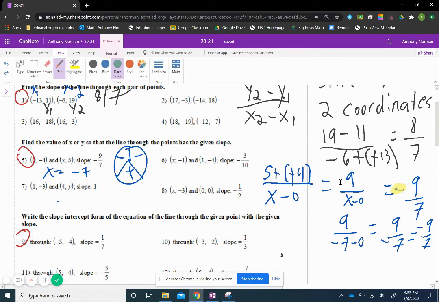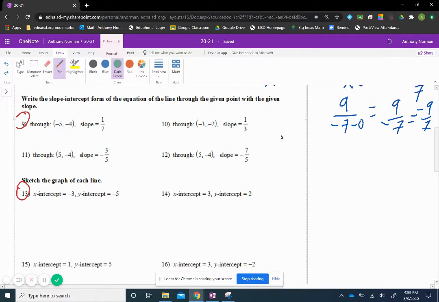So we're on to number 9. For this one, we're going to have to use point slope formula, which is y minus y1 is equal to m times x minus x1. y1 is a coordinate, x1 is a coordinate, and m is the slope.